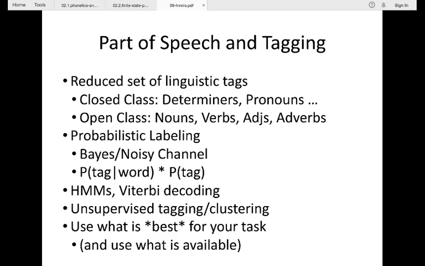So this is just kind of an overview. Different tag sets are different. So we looked before at the Google Universal tag set. There were 17 tags. On the other hand, for the Penn Treebank, which you may have read about if you read the book, there are above 50 different tags.